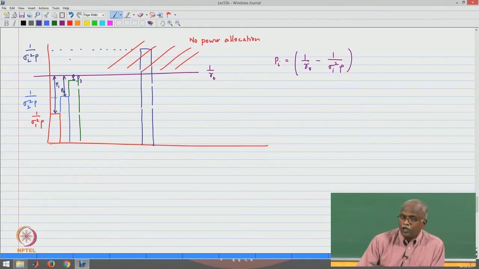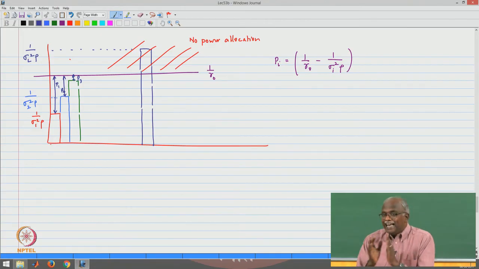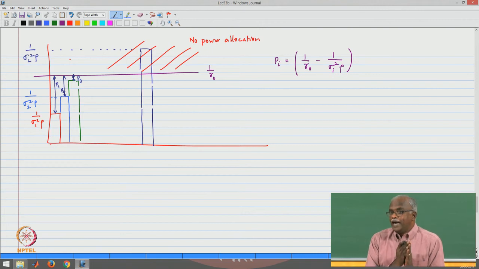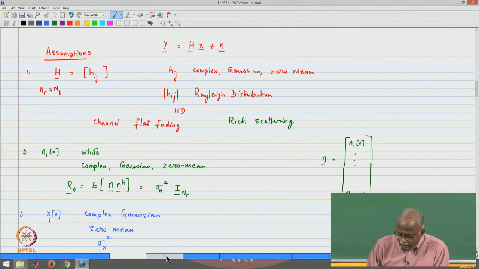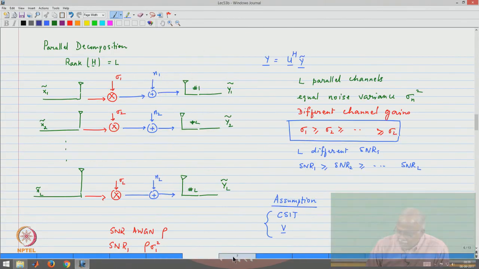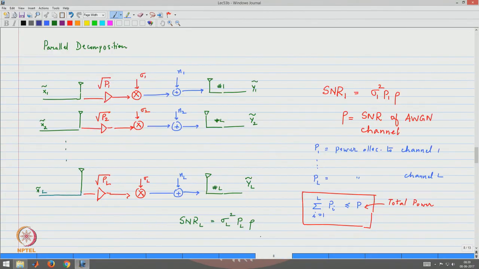But the minute you have crossed the threshold, there is no more power allocation. So, it is completely analogous to what we looked at in terms of water filling under different SNR conditions. Think of the channel we are going to be working with as a scenario where we have L parallel channels, each with an SNR proportional to sigma 1 squared times the average SNR.